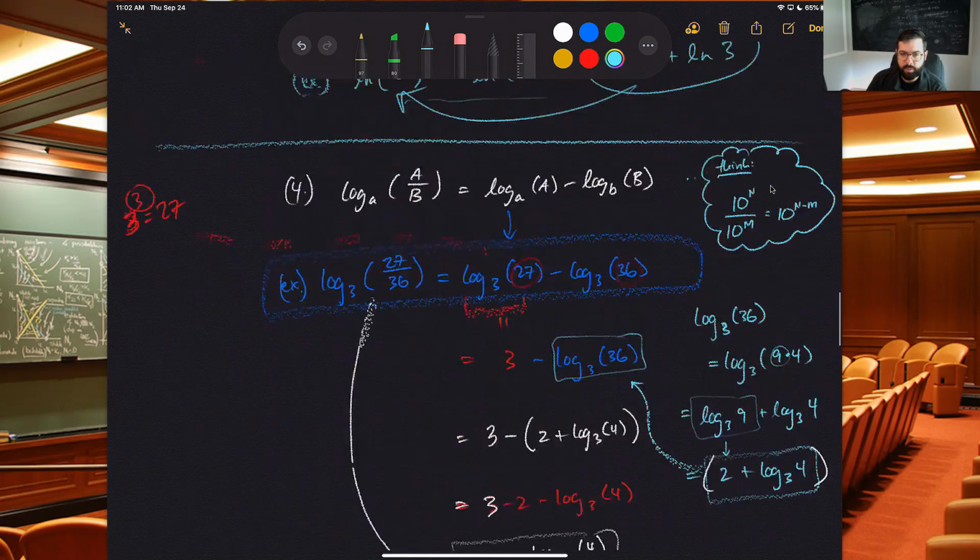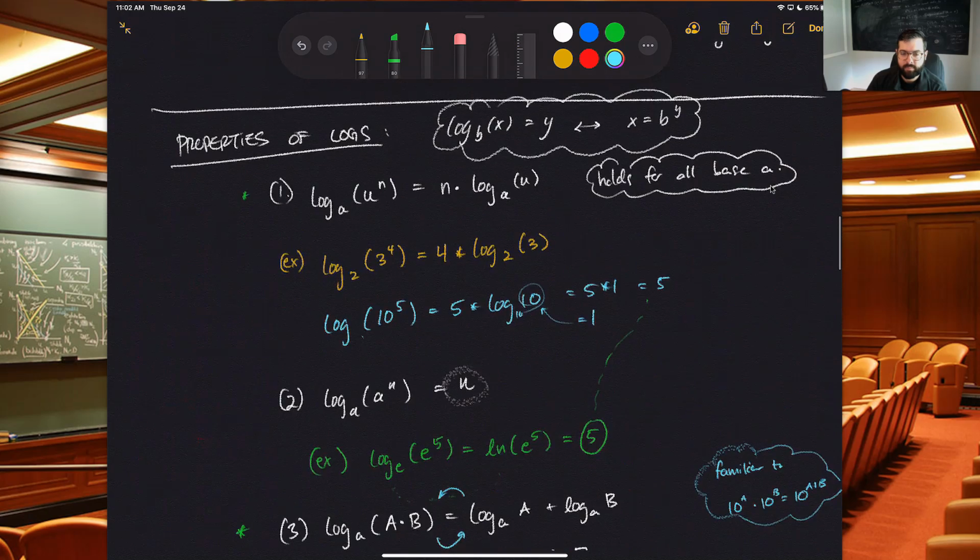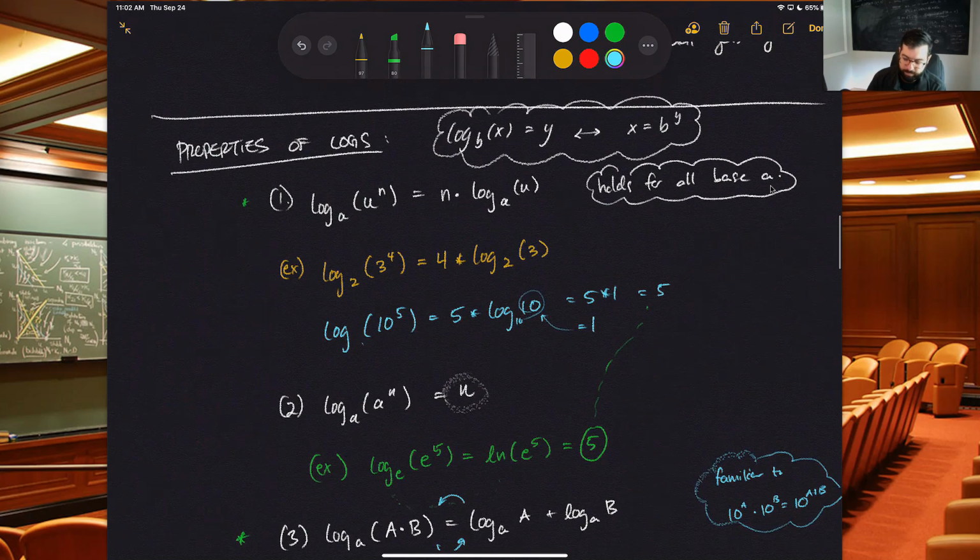Then think about what property of logarithms would help me get at that exponent. I will scroll up here. How about this one? This is the one we'll use most often for this purpose. And I'll write it out in clear terms. What it allows us to do is, if you take the log of some a to the t, we get back t times log a.